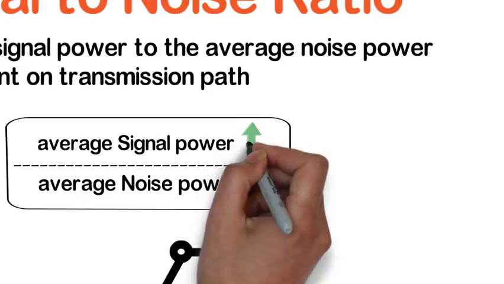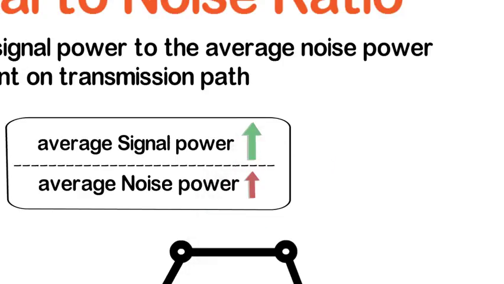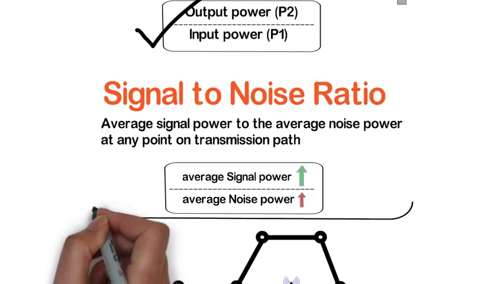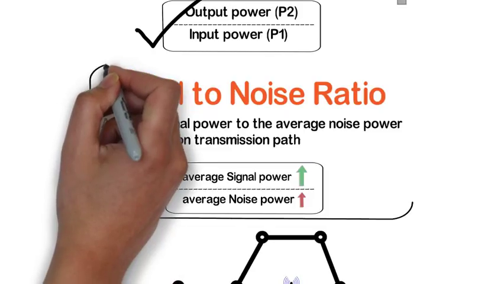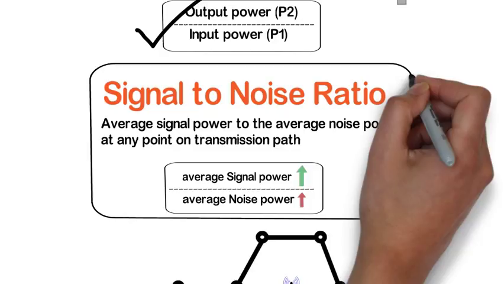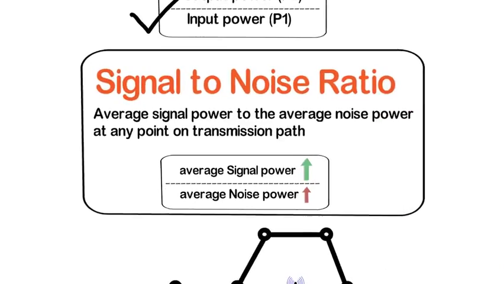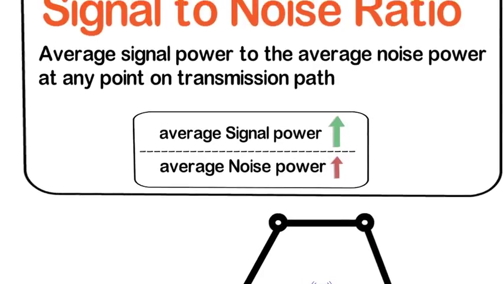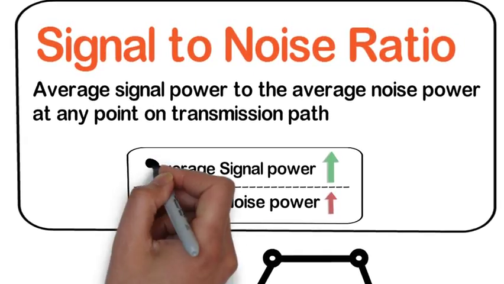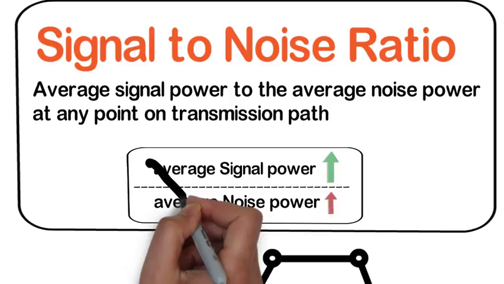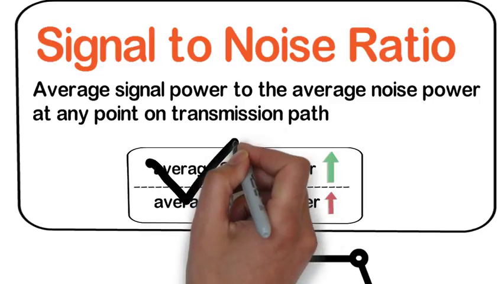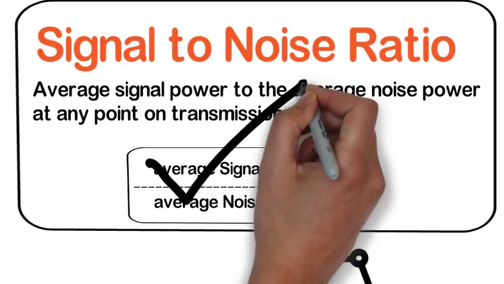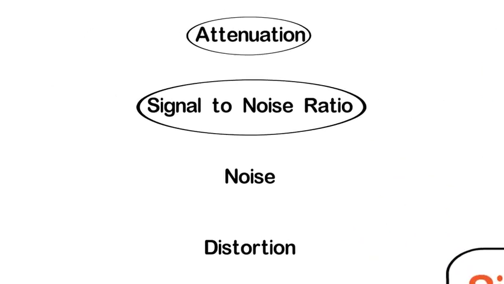So in the telecom scenario, it is expected that the signal to noise ratio should be as high as possible, because we want the signal value higher as compared to the noise value. The higher the signal value, the lesser the noise value, and therefore the complete ratio of S by N will be much higher.